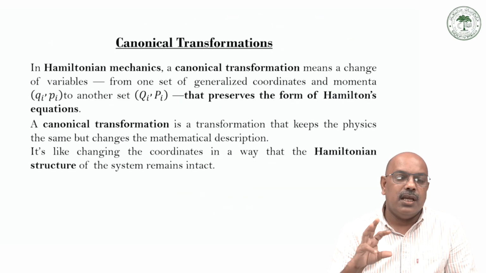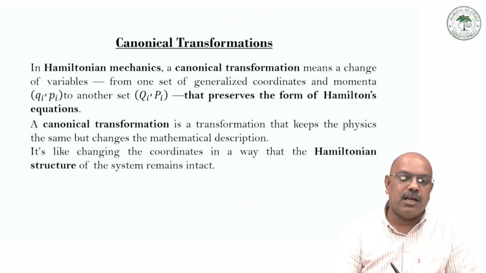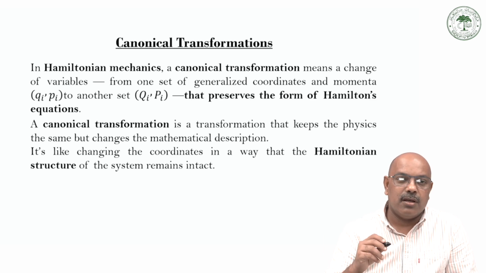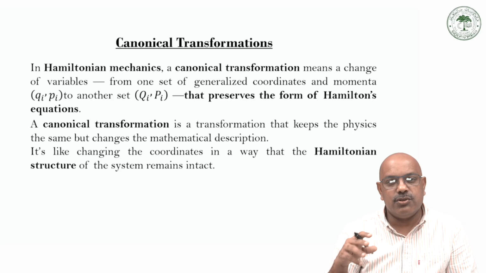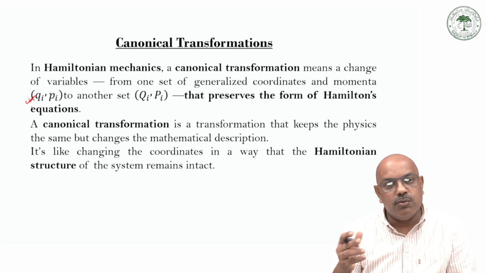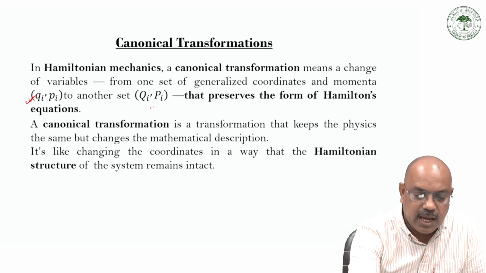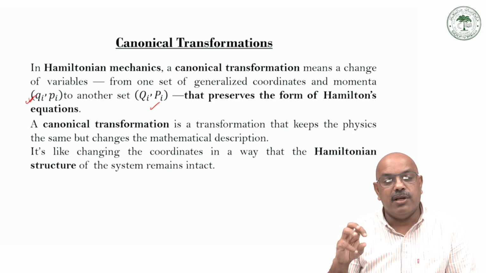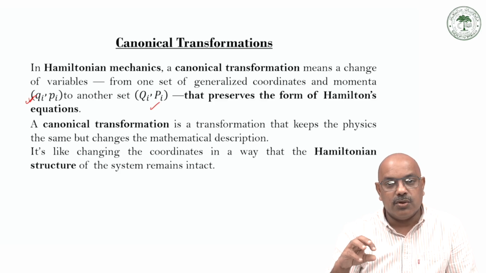In Hamiltonian mechanics, a canonical transformation means you change the variables from one set of generalized coordinates and momenta, q_i, p_i, to another new set, say capital Q_i and P_i. But the condition is that it preserves the form of Hamilton's equations.